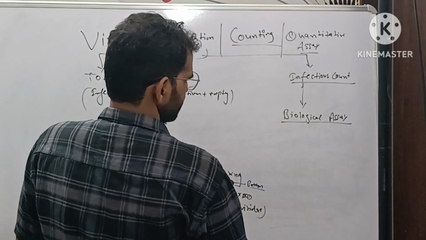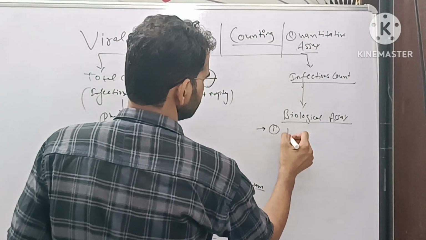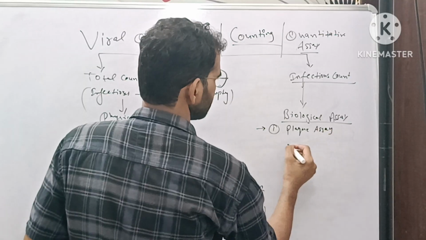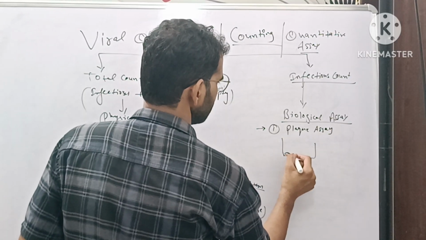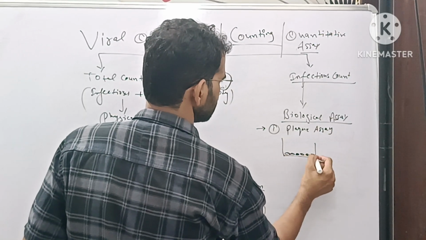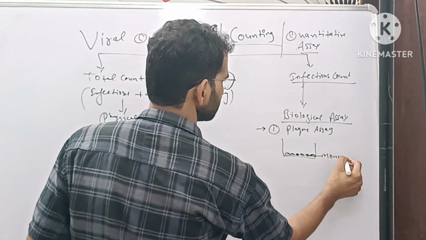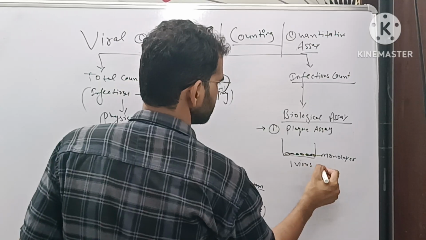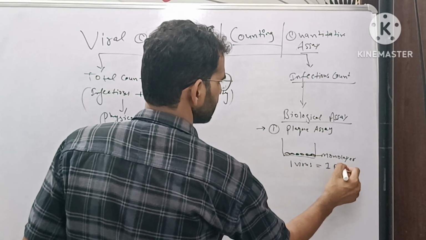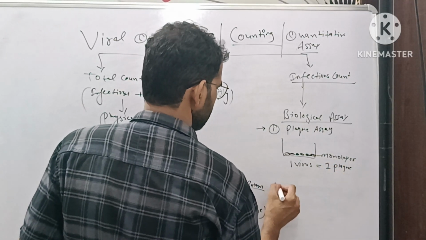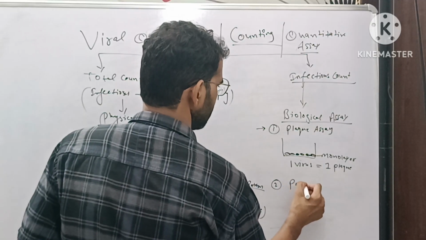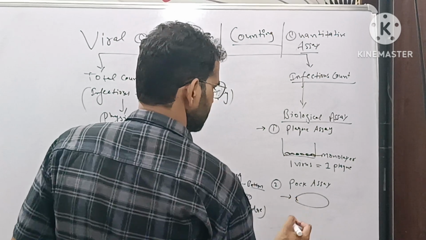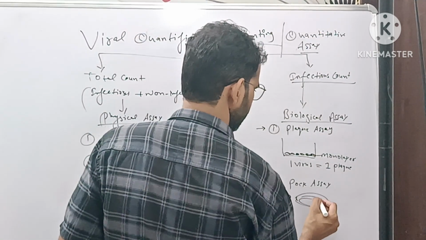In biological assays, number one is the plaque assay. Here a monolayer culture is used, and one virus produces one plaque. Number two is the pock assay. We are using an embryonated egg, and which membrane?